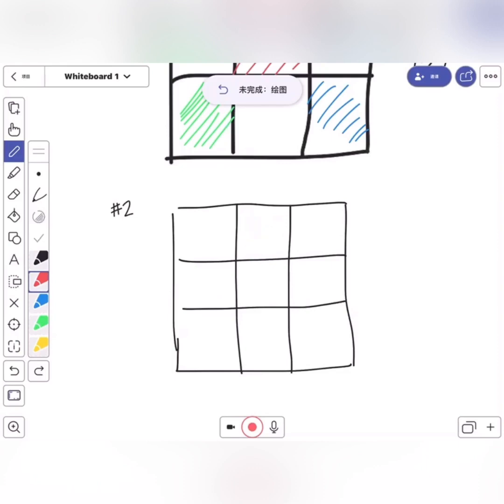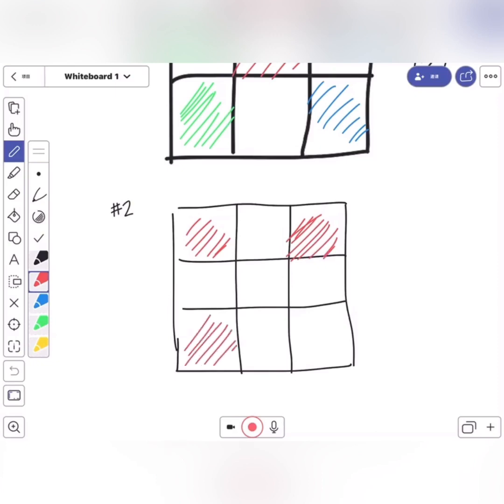Now let's go on to the next case. The next case is, what if we have something like this? Then for this case, we would have the middle square shaded.